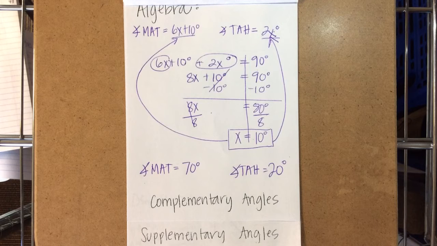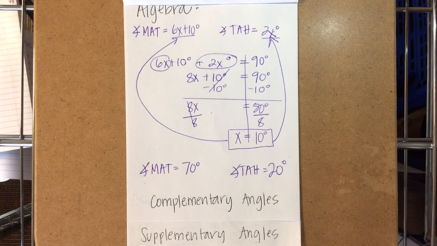Add them together. 10x plus 12 degrees plus 2x degrees equals, and this time what does it equal? 180 degrees. Because these are supplementary. Supplementary makes a straight line. That's what 180 is. So, is this my answer?